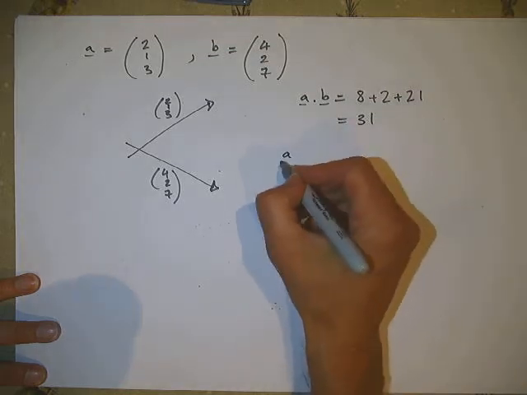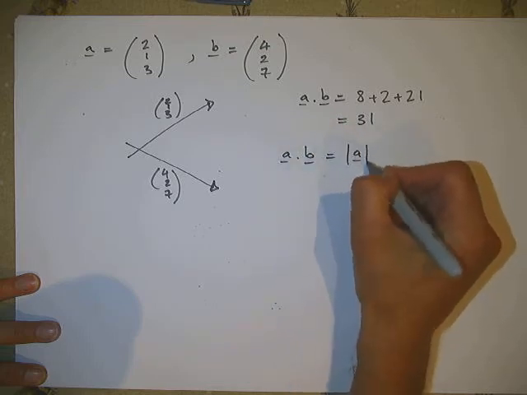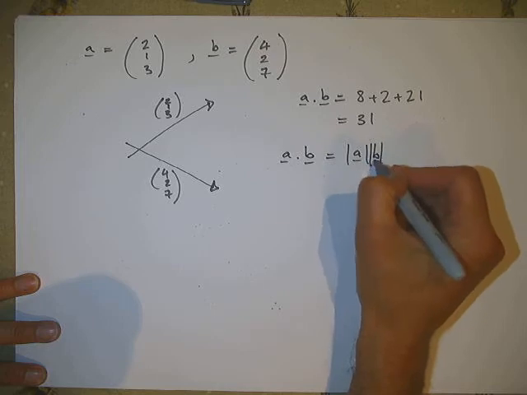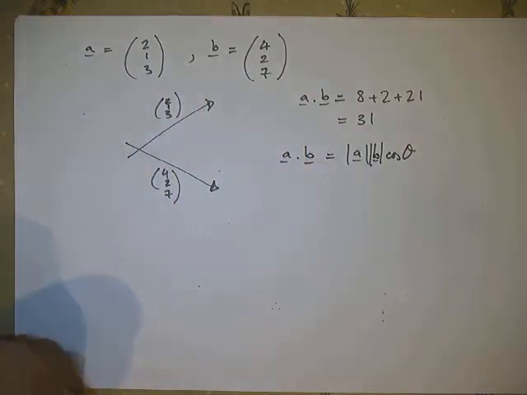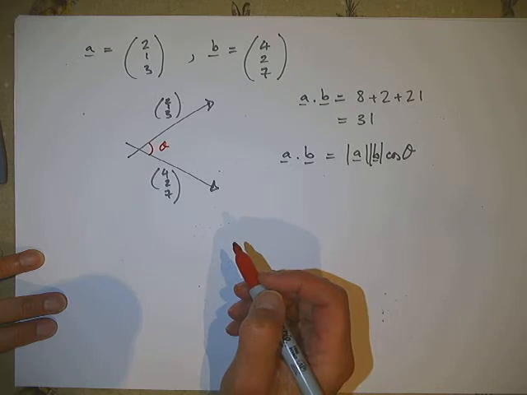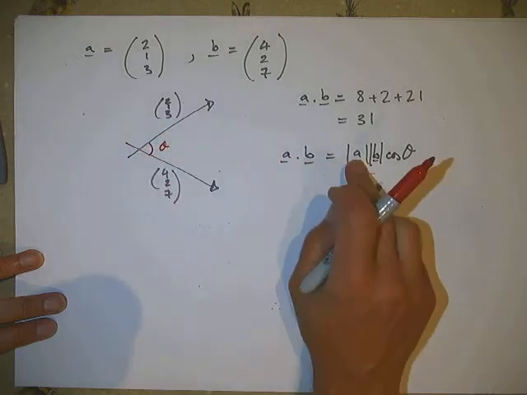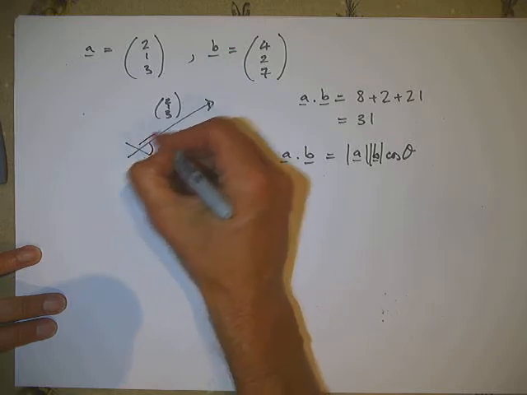When we say that A dot B is mod A mod B cos theta, what are we saying that is? If I put a theta in there, mod A, so this is the A, mod A is this length, isn't it?